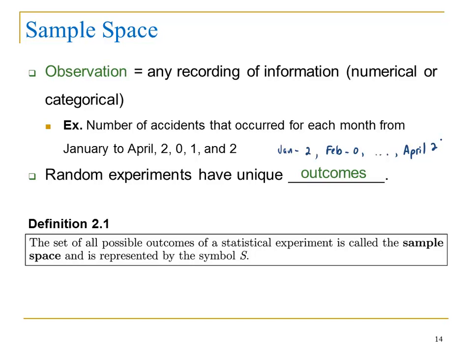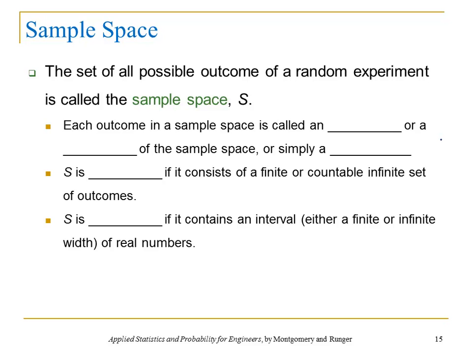So when you are able to list all the outcomes, then you can basically list or establish your sample space. Again, the set of all possible outcomes of a random experiment is called the sample space, and we use capital S to denote our sample space.